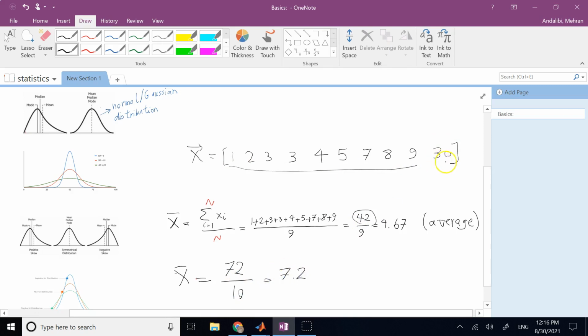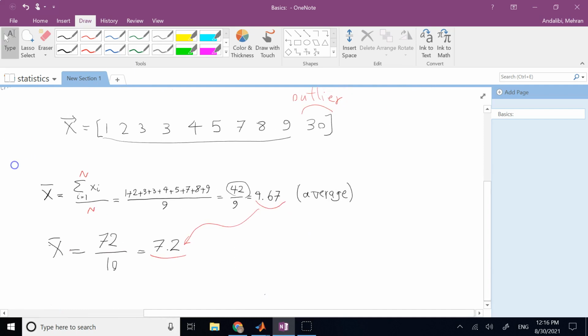So just by adding one significantly different number than the rest, which we call an outlier, my average has changed significantly from 4.67 to 7.2. If you look at it percentage-wise, it is about a 70-80% increase in the average, correct?